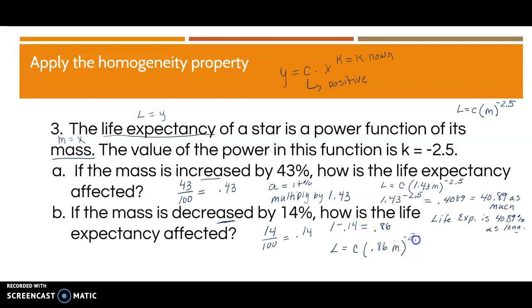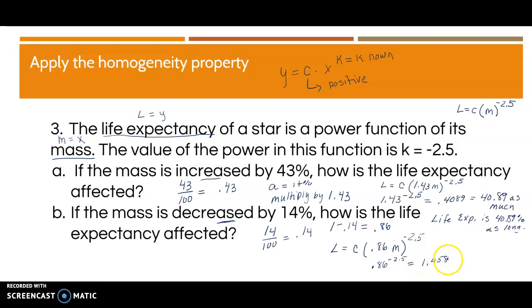And we still have this exponent. So on our calculator, we're going to take our factor, 0.86, to the negative 2.5 power. And when I do that, I get 1.458.